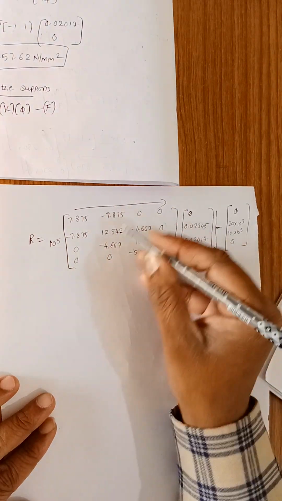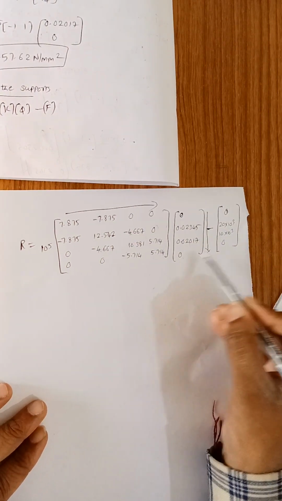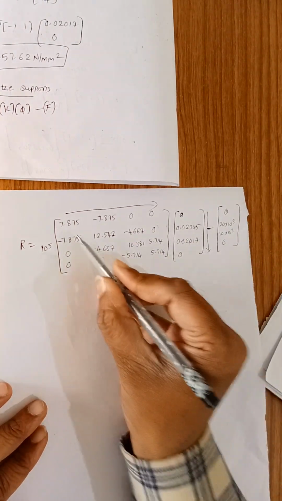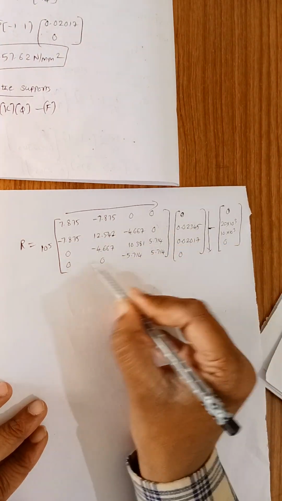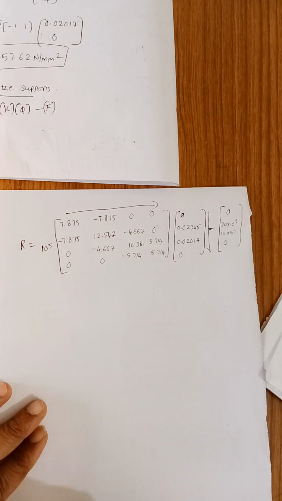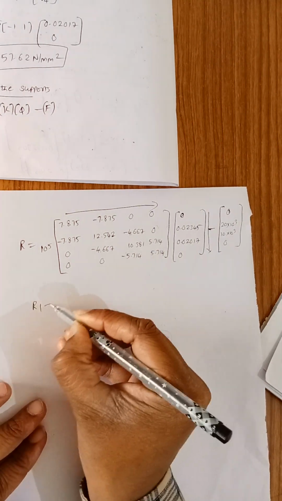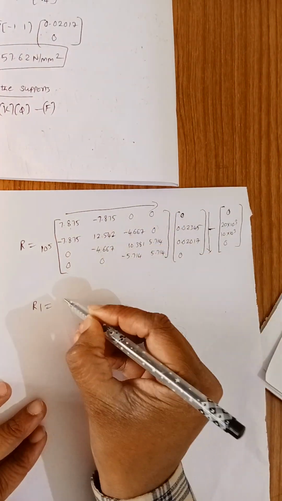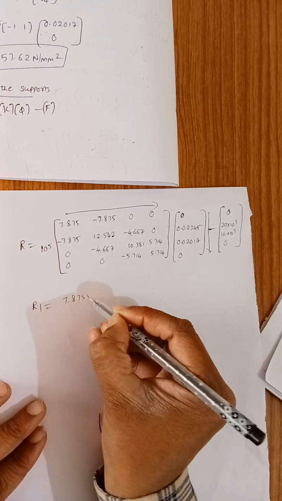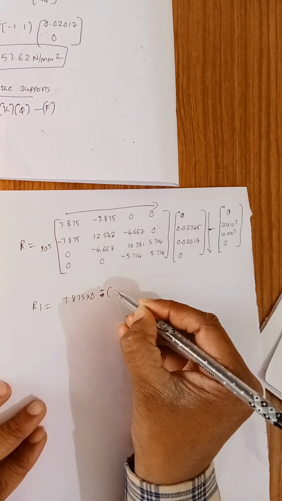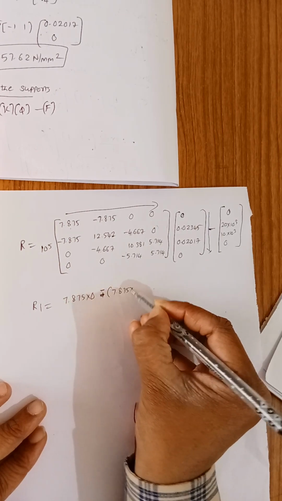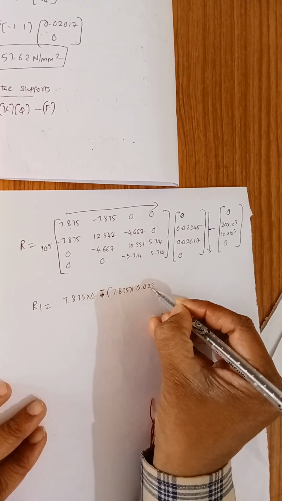This is K, the global stiffness matrix, this is Q, and this is F. We just multiply the first row with this column and the fourth row with this column, because that is only for R1 and R4. So let me do only that. 7.875 into 0, then minus 7.875 into 0.02345.